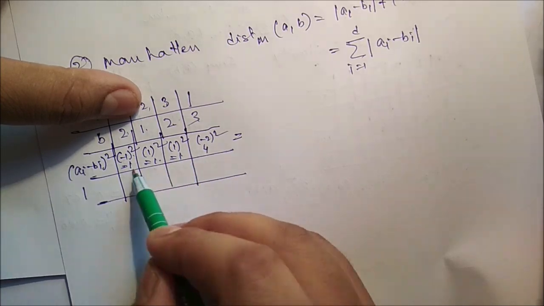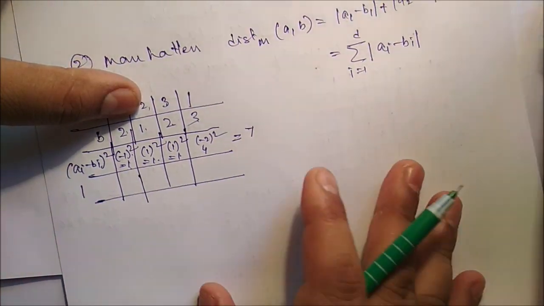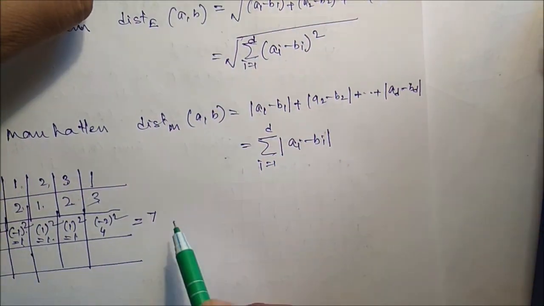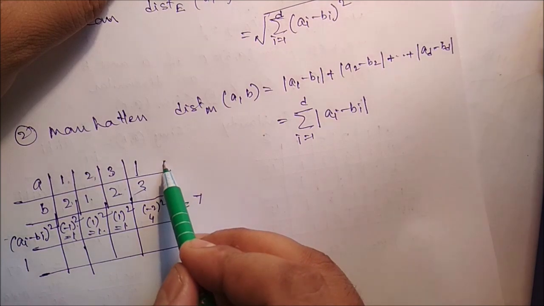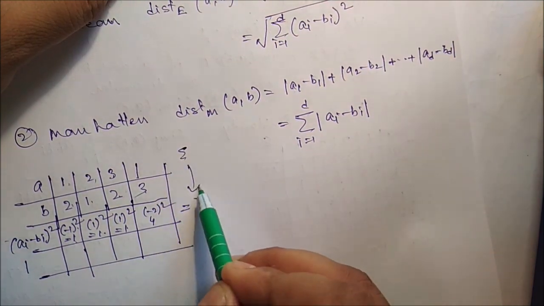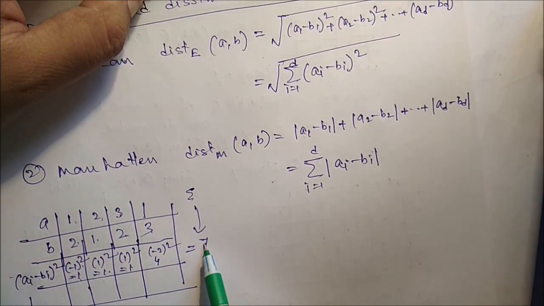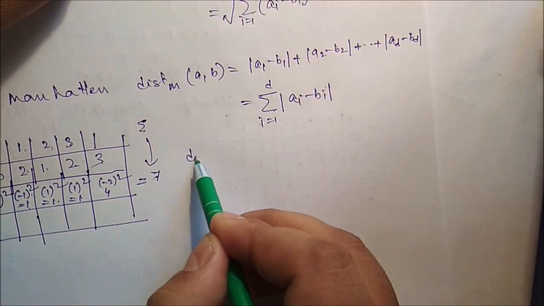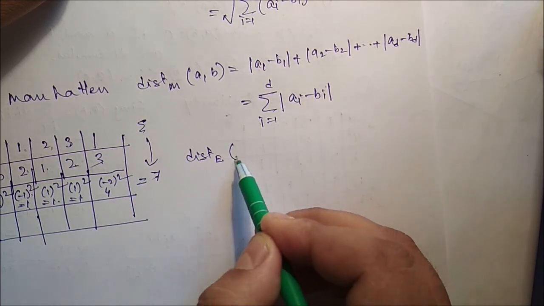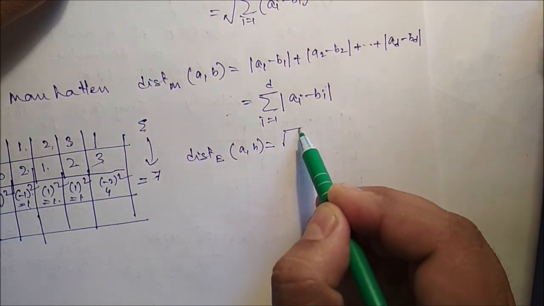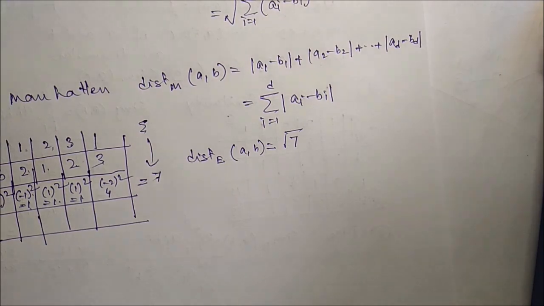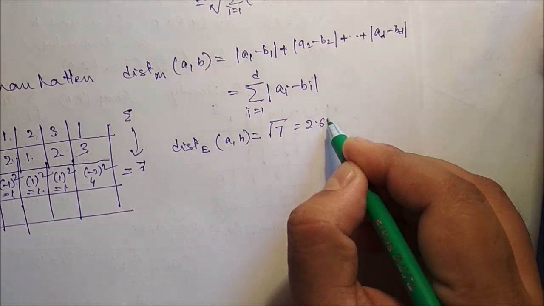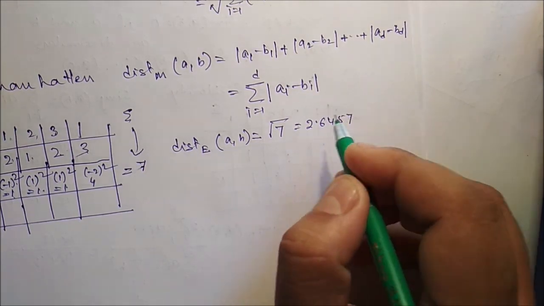Adding, we get 1 plus 1 plus 1 plus 4 equals 7. Applying the Euclidean distance, the summation of (AI minus BI) whole square is 7, so the Euclidean distance between A and B is square root of 7, which is 2.6457.